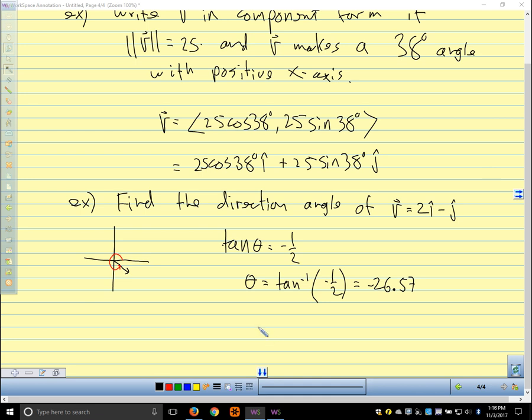Subtract from 360. Theta equals 360 minus 26.57 equals 333.4 in standard position. So there's our fourth quadrant angle in standard position.